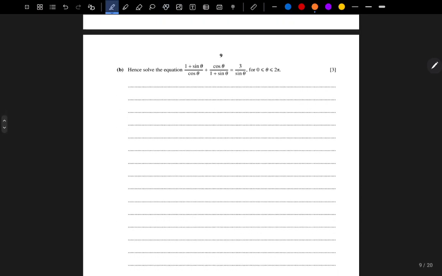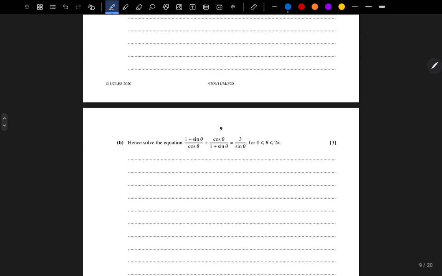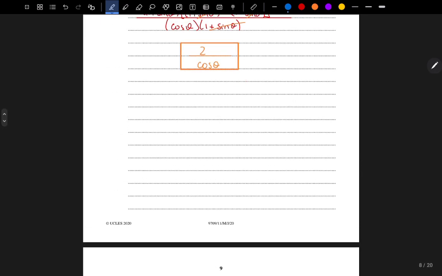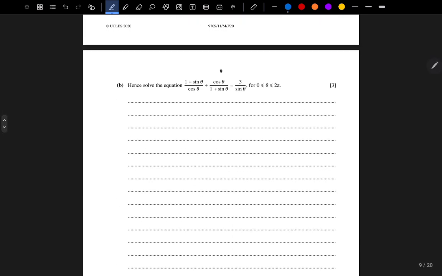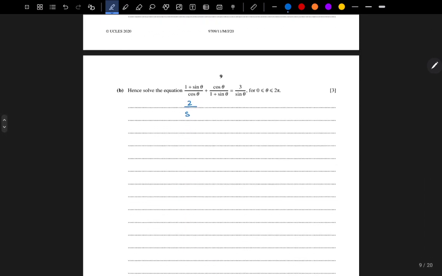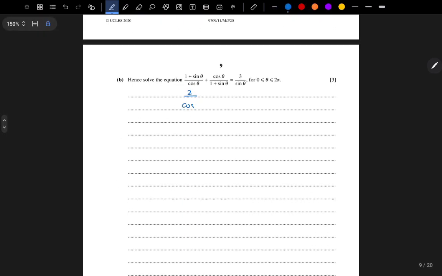In the second part of the question, we have to solve this equation, which is equals to 3 upon sine theta. Since we just proved this 2 upon cos theta, we can write this over here. This will give us 2 upon cos theta, which will be equals to 3 upon sine theta.